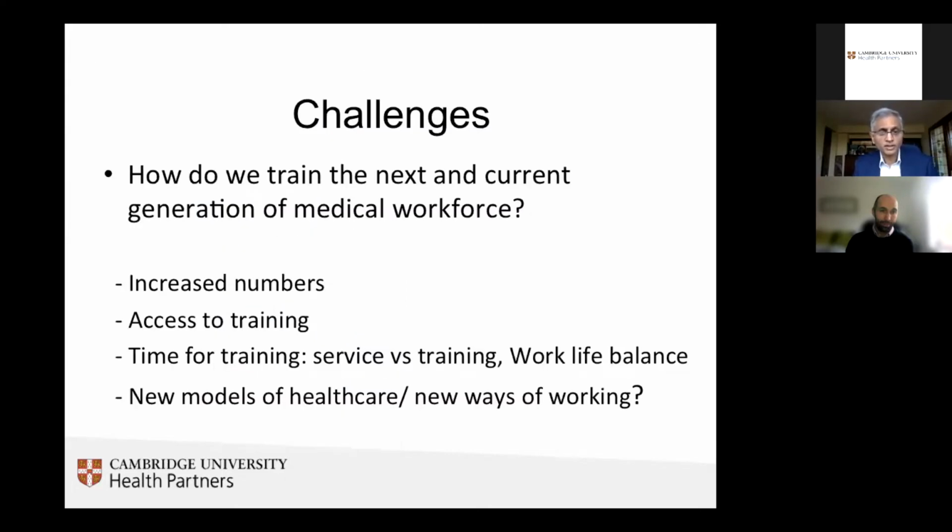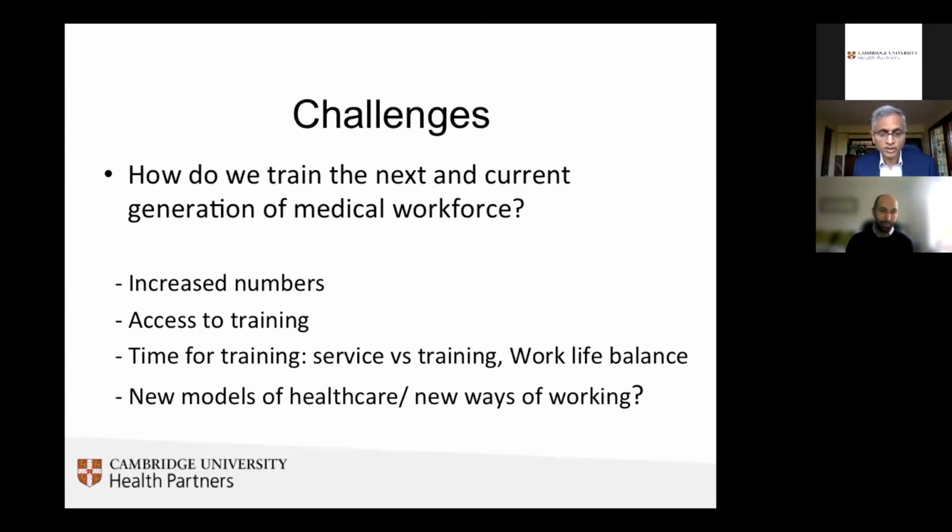So how do we train the next generation and also the current generation of doctors who have been affected by a pandemic, in the context that there is an increased number of medical students coming through the system? There's still some restriction to access to training, although we hope that will improve. And as we hear, there is a huge burden on the service to clear the backlog of patients waiting for treatment.